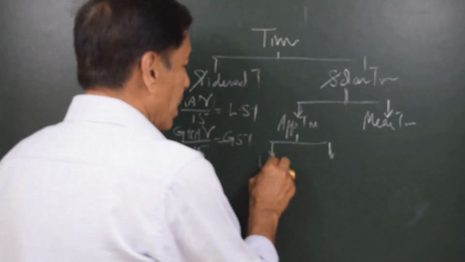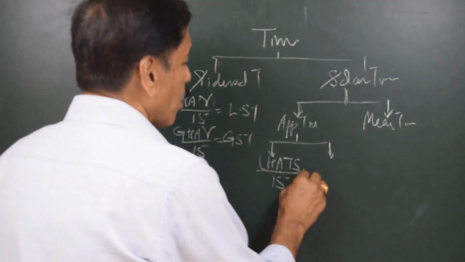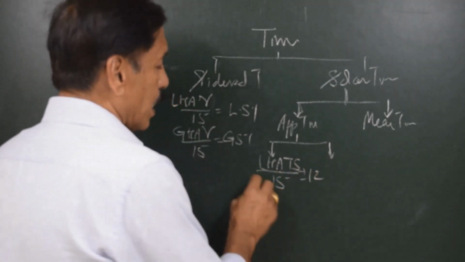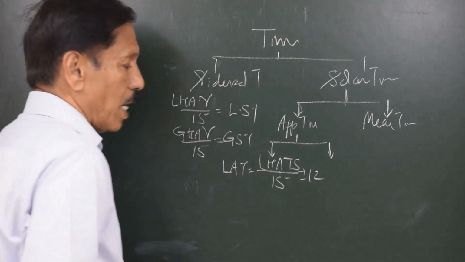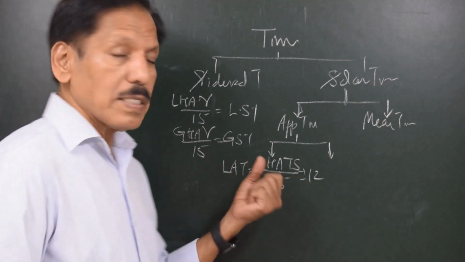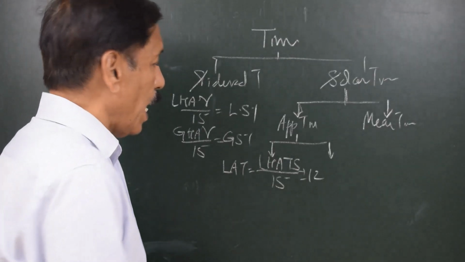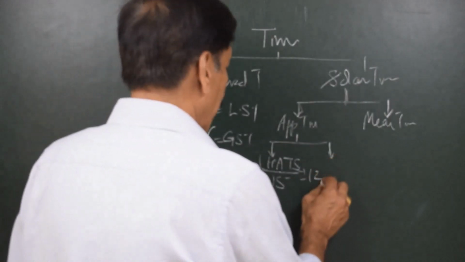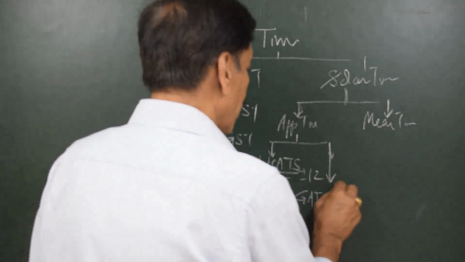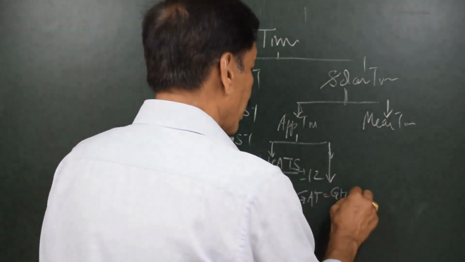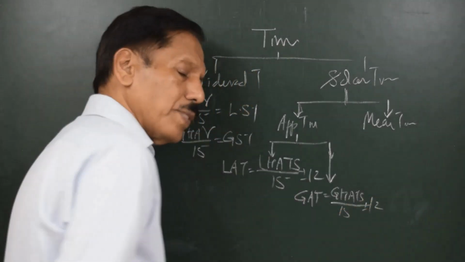Whatever is LHA of true sun divided by 15, plus or minus 12, you will get LAT, local apparent time. On the same line, GAT is equal to GHA true sun divided by 15 plus or minus 12. That's it.